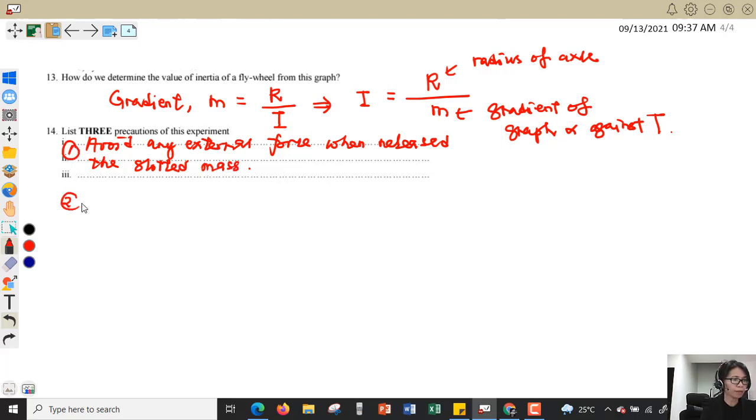Second, we are going to move the string around the axle, so make sure we wind the string around the axle neatly.